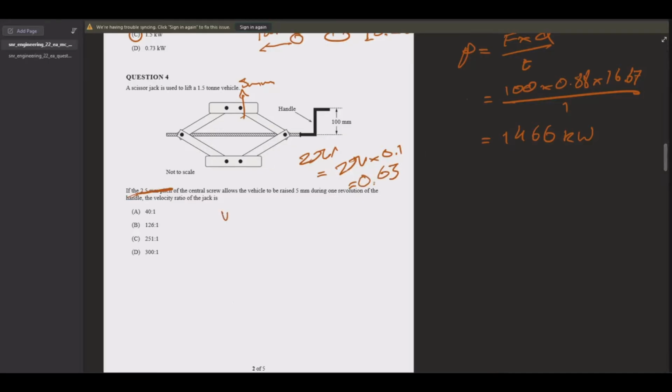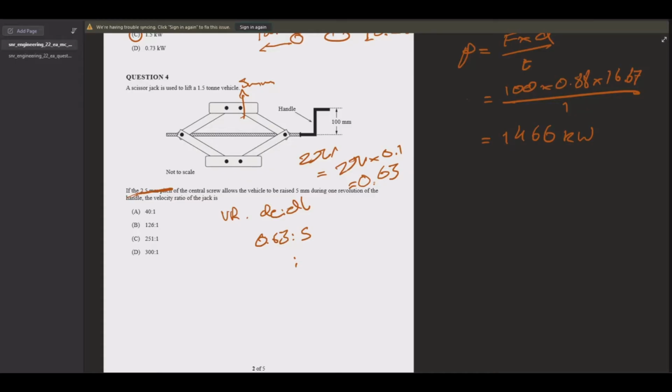The velocity ratio is going to be distance of the effort to distance of the load, likely. I think that's the right order when we're doing ratio. I know it's distance over dl when we're looking for a value, but when it's a ratio, I'm not too sure. But we can just flip it on its side if it's wrong. So that is 0.63 to 5, so we are going to need to flip it. So 5 divided by 0.63 is going to give us 7.9.